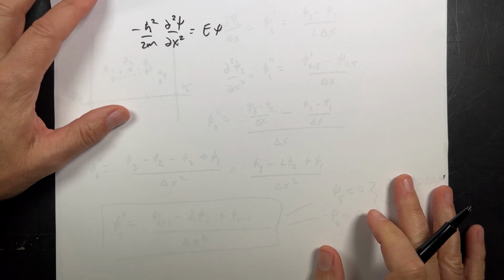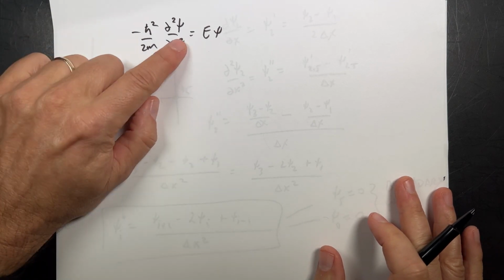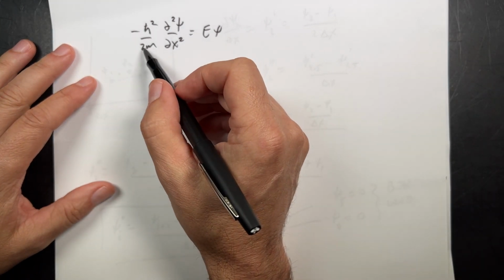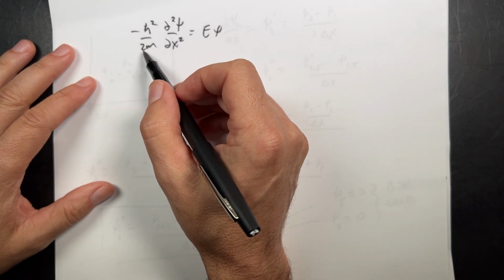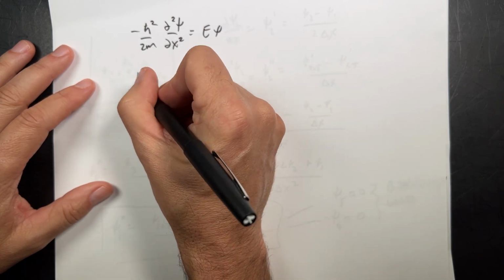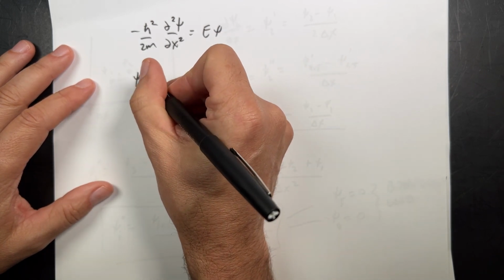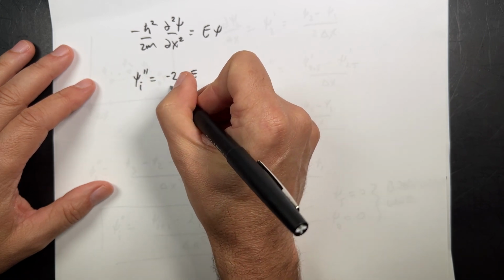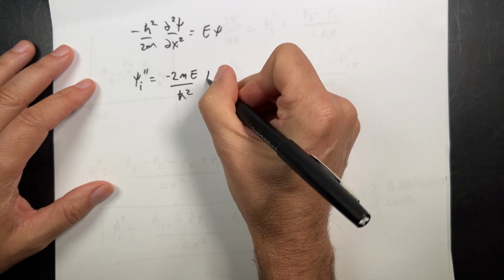Well, let's just get an expression and replace this with psi double prime. I'm going to go ahead and multiply both sides by this to get it over there. And I'll write this as psi I double prime equals negative 2mE over h bar squared psi I.